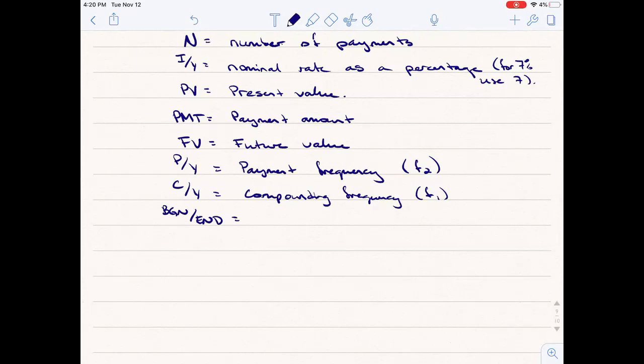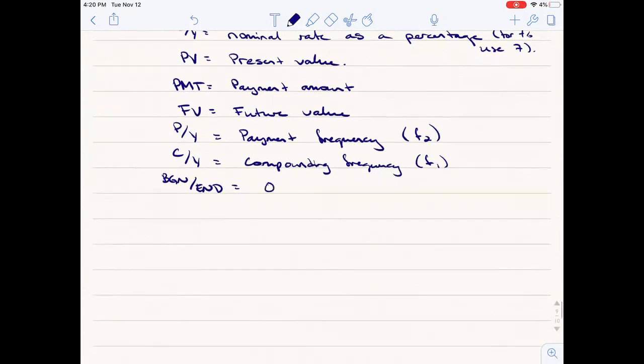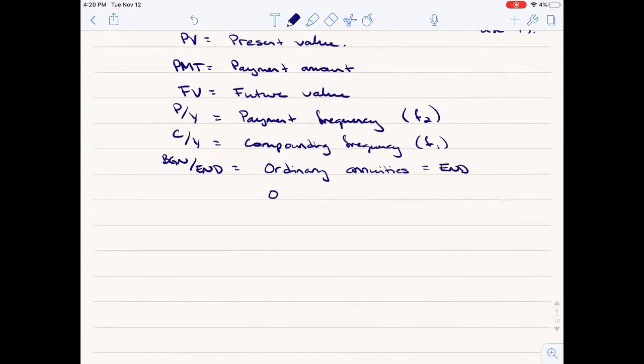But for now, we're going to deal with ordinary annuities, which are at the end. Ordinary annuities is the end, whereas annuities due is at the beginning.